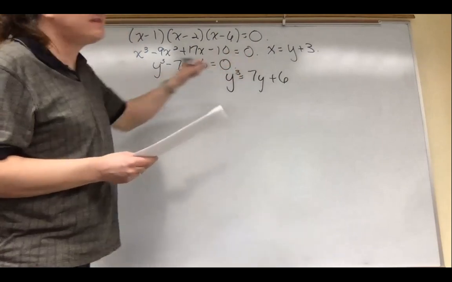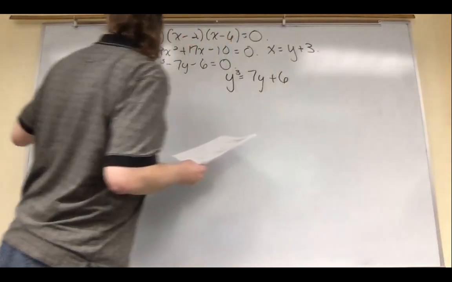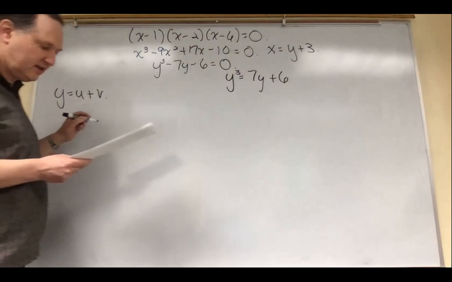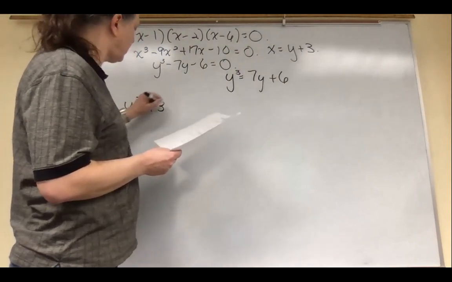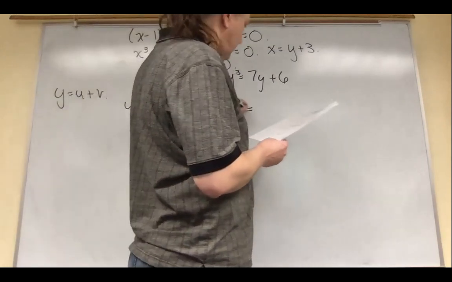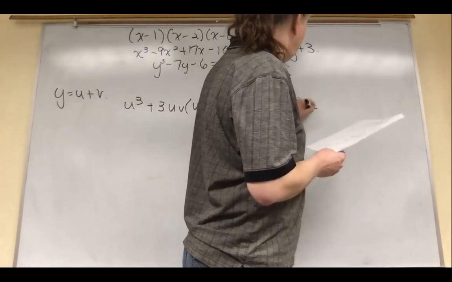So the next thing, as we did last time, we let y equal u plus v. We then have on the left side u cubed plus 3uv, u plus v, plus v cubed, and on the right side we have 7 times u plus v plus 6.